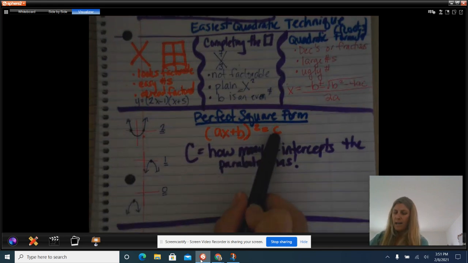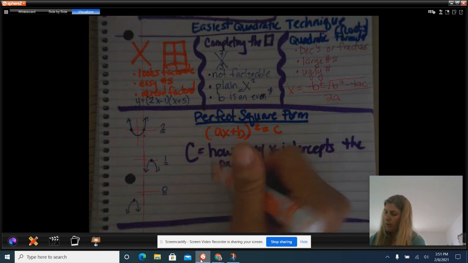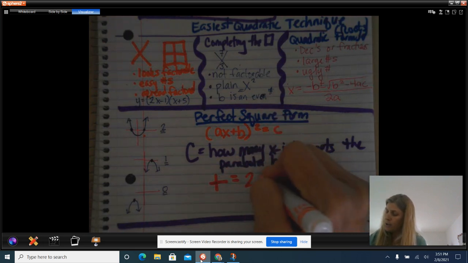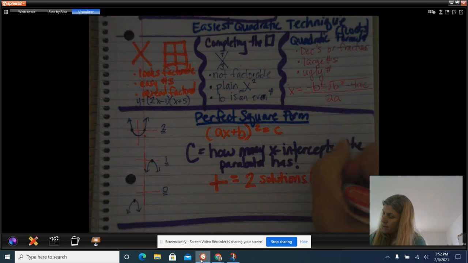So when we have that c isolated and that number c is a positive number, then it has two solutions. Now remember, solutions is also roots, zeros, and x-intercepts.